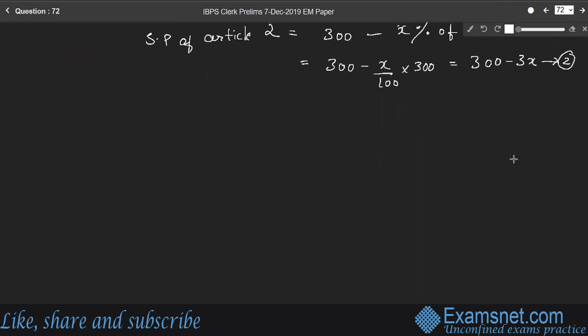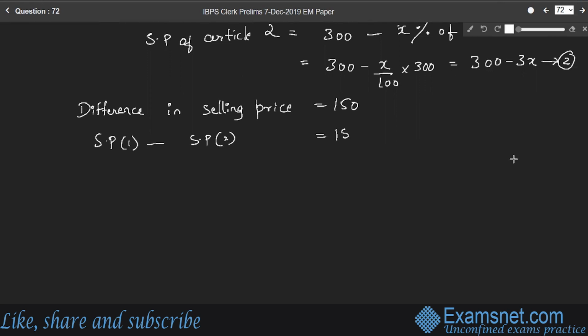So the difference in selling prices is equal to 150 rupees. Therefore, which is greater? The selling price of 1 is greater. So the selling price of article 1 minus the selling price of article 2 is equal to 150 rupees.